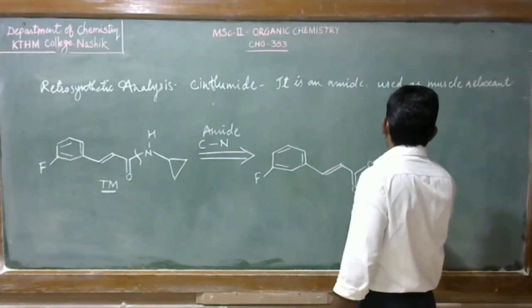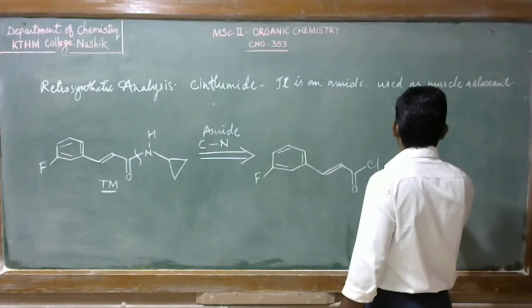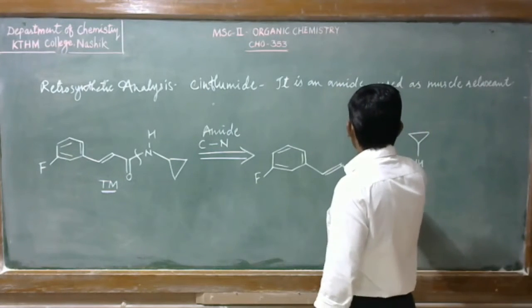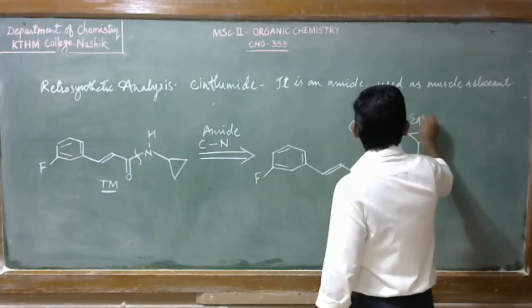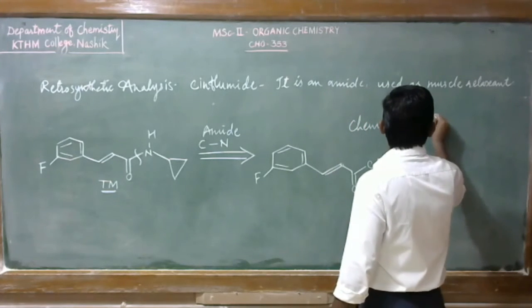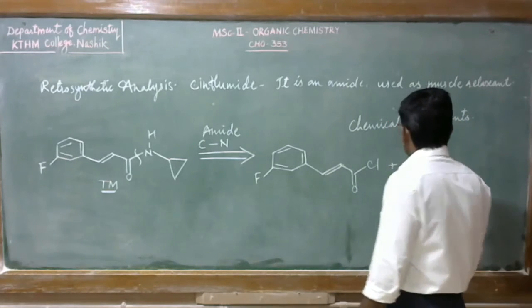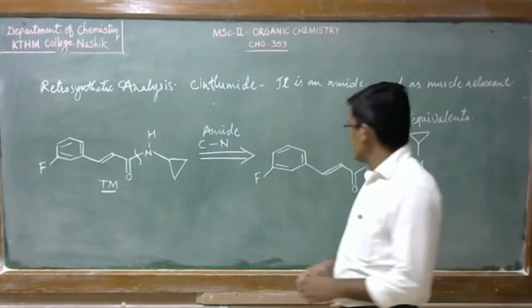So we can get these two chemical equivalents, this primary amine and this acid chloride.